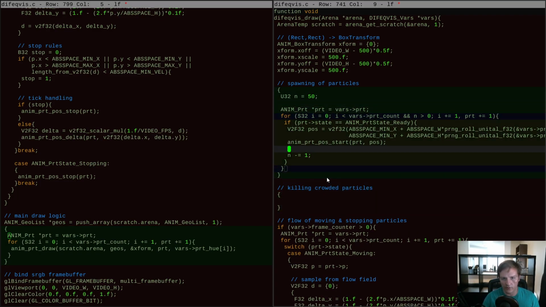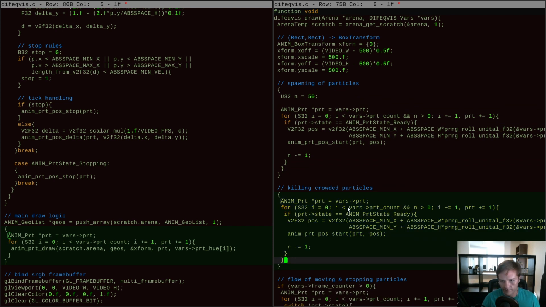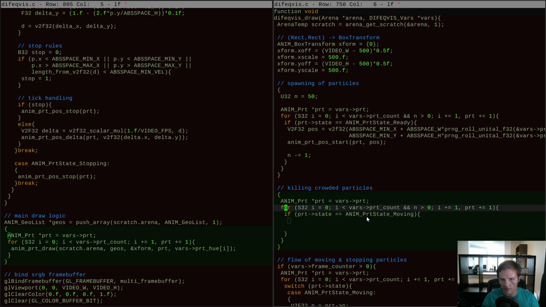So what we're going to do is scan all the particles, and we're going to have to measure the density of the particles around each particle. So this could be costly, because there's going to have to be a double loop if I do it the simple way, right?